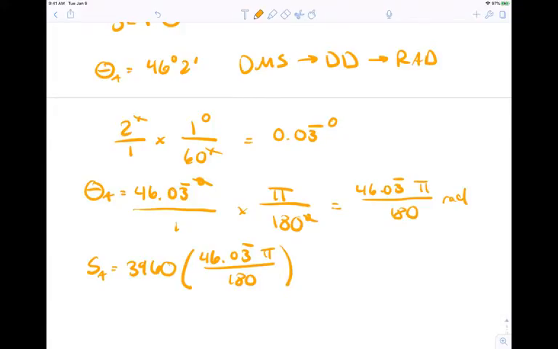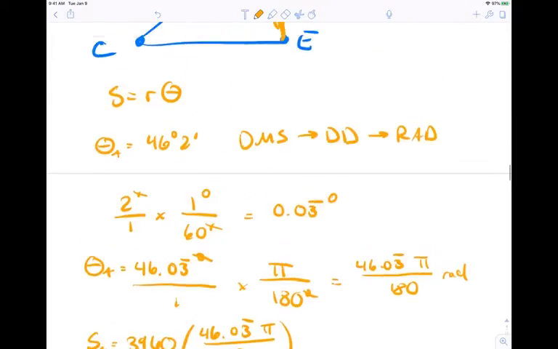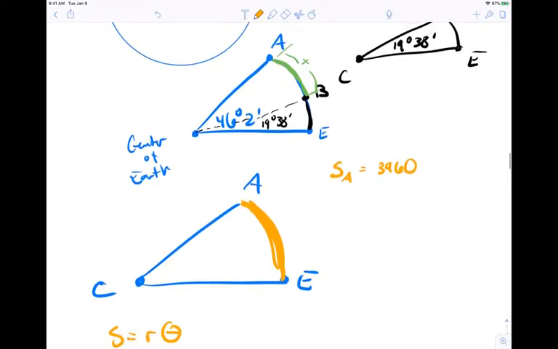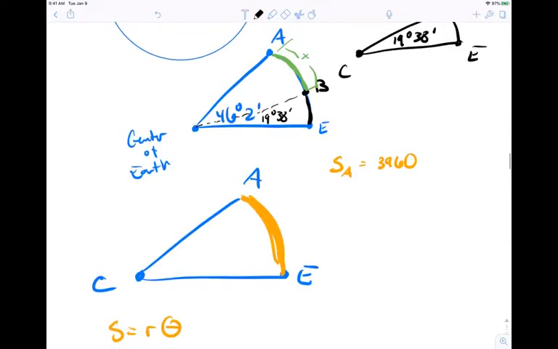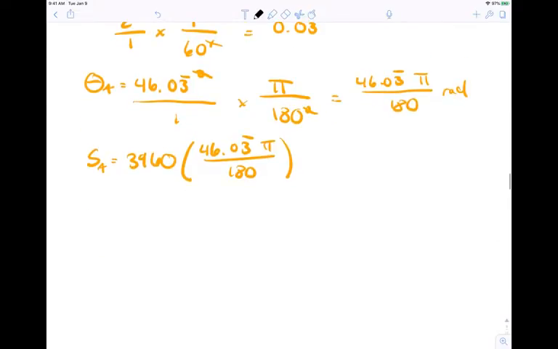So then we've got to do something similar for part B, for city B. We need to convert that degrees, minutes, and seconds to decimal degrees, and then from decimal degrees to radians. So 19 degrees, 38 minutes. All right.